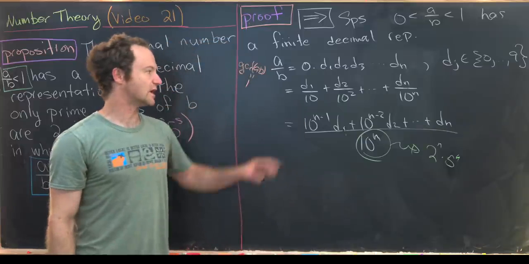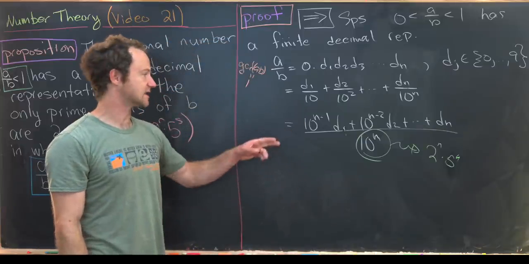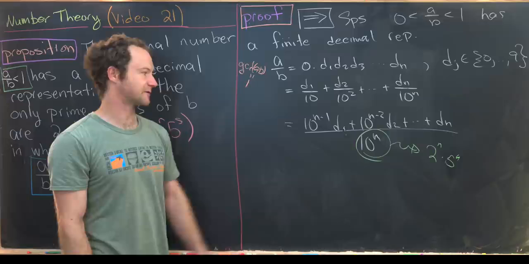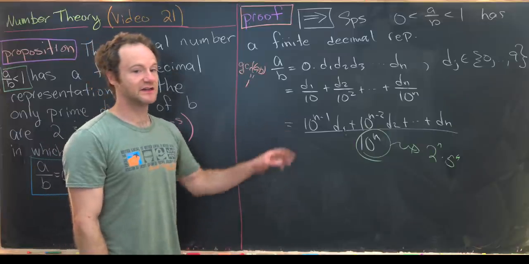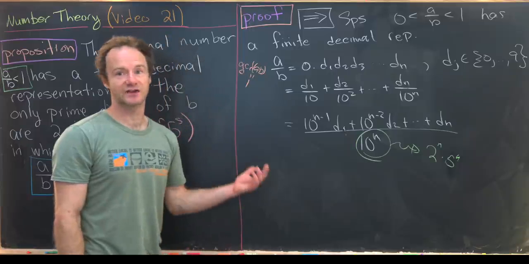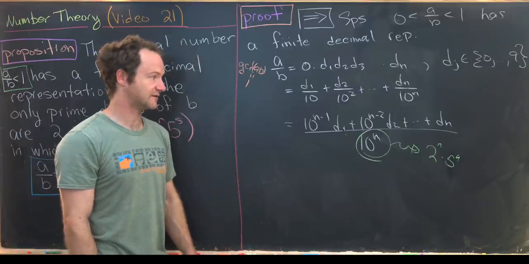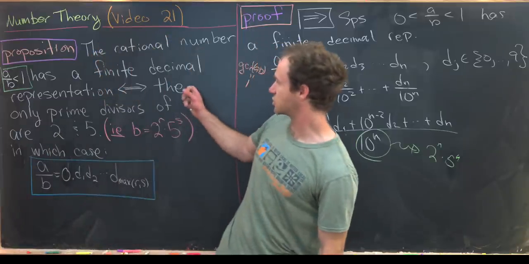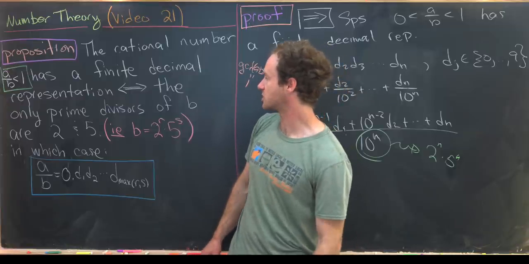So when we cancel like terms from the numerator and the denominator, we will still only have factors that are 2 and 5. So that's exactly what we wanted to show for this forward direction.